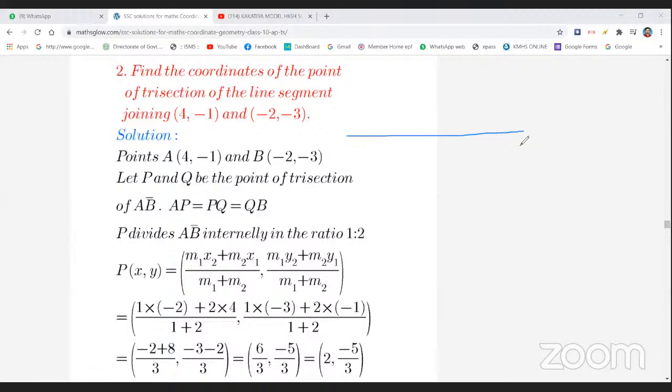How to divide the AB line segment into 3 equal parts? Tri means 3, section means parts, so trisection means 3 parts. We need to divide this AB into 3 parts. For this we need 2 points, trisection points.